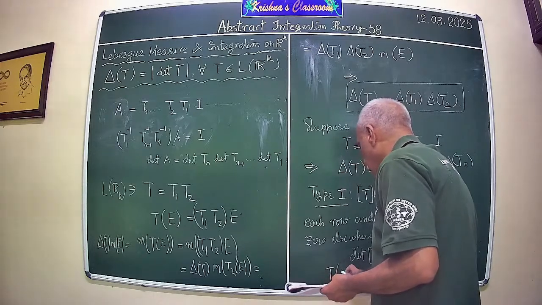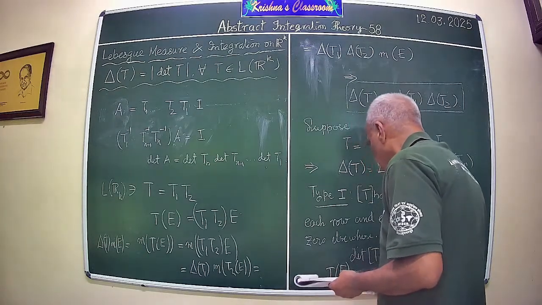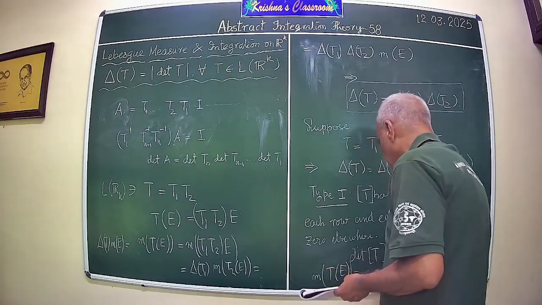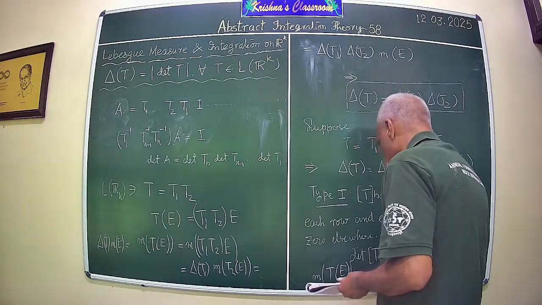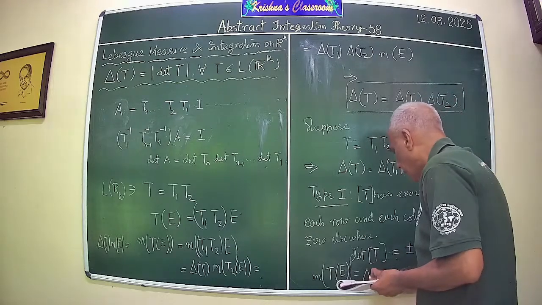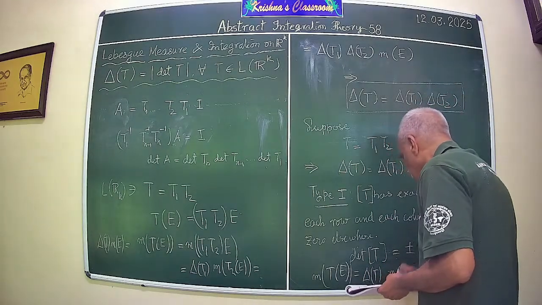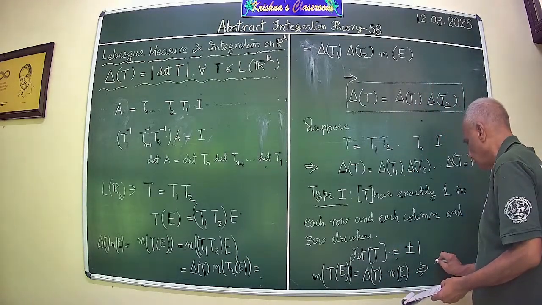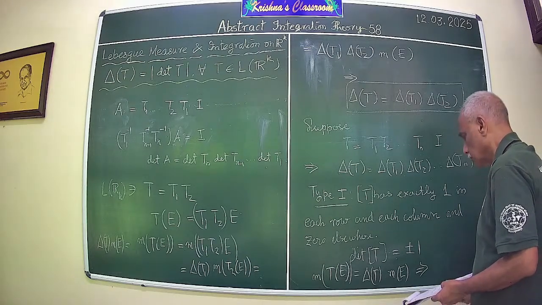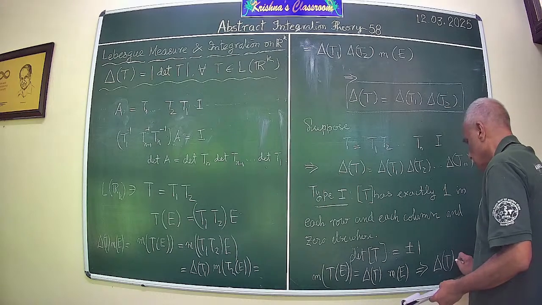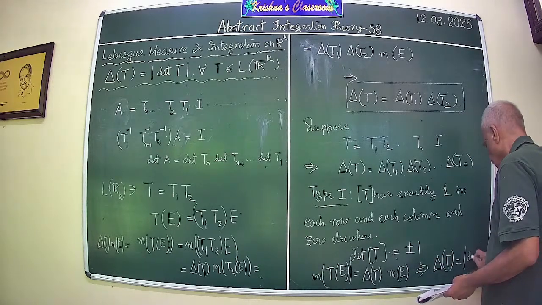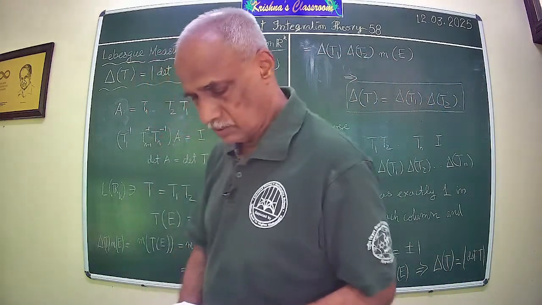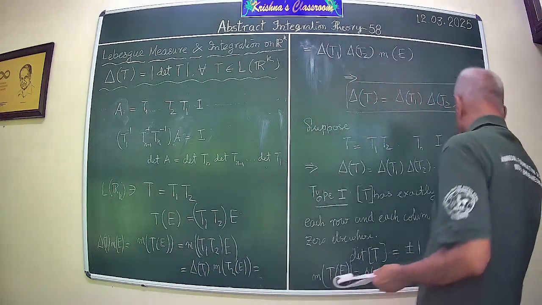Now measure of TE equals delta T into measure of E, which implies delta T is equal to, okay, for that this is true and this is equal to 1 in this case.